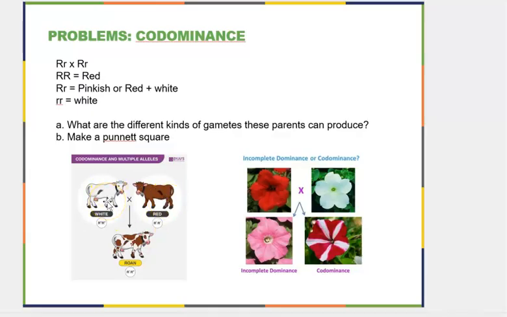Sometimes if you look at fur or hair colors in horses, you'll see that the horse looks brown, but actually when you get up closer, it has black and white. Sometimes they will look pink. This is incomplete dominance, right? Just because there wasn't enough red to make red, so it's pink. Versus codominance, where it actually has red and white. That's just a vocabulary difference.